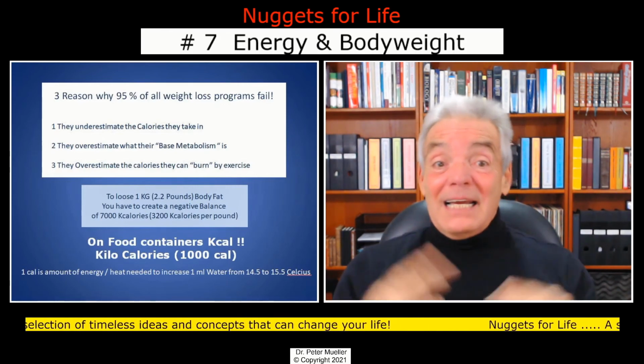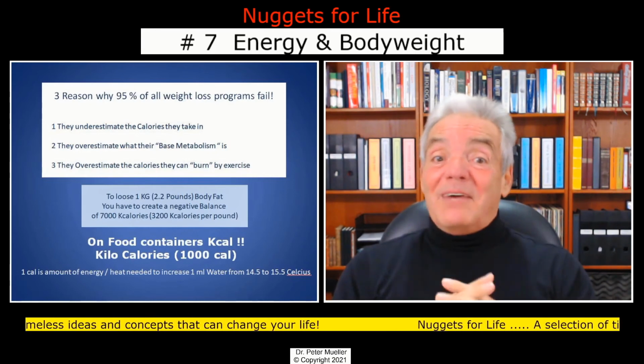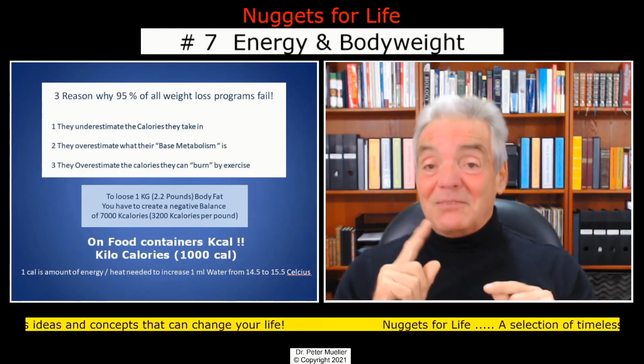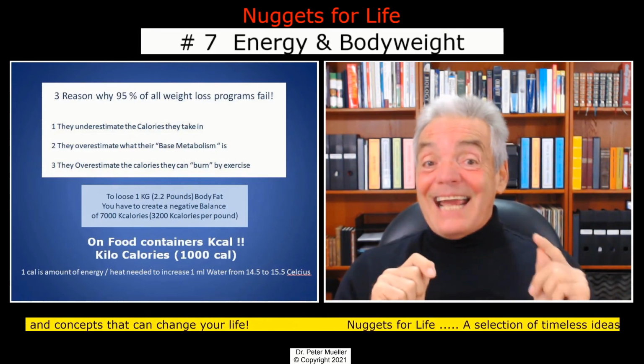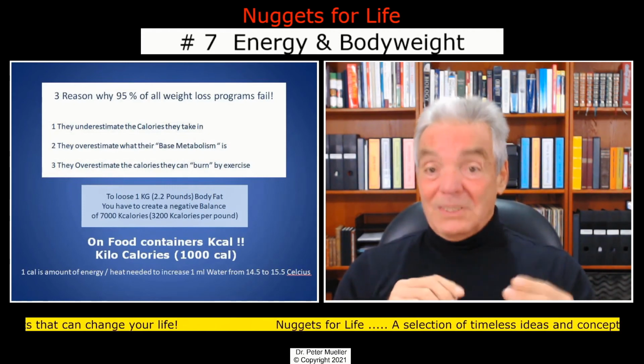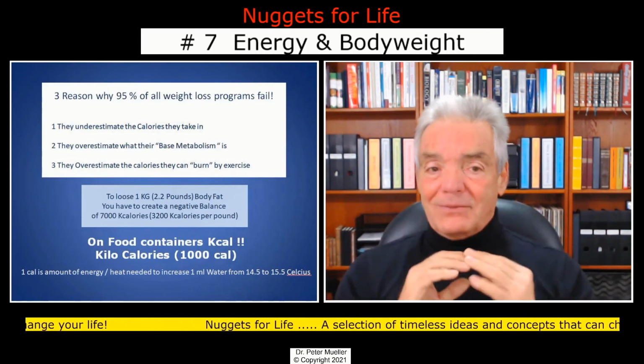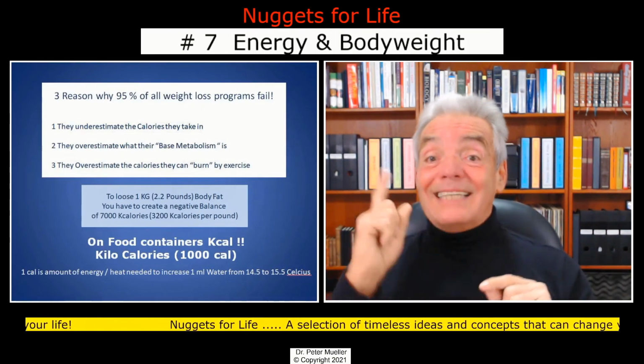Now, we said on our food labels we have to be very careful when we read it. First of all, on the food label it says KCAL, kilocalories, which is 1,000 calories, the so-called big calories. Now, what is 1 calorie?